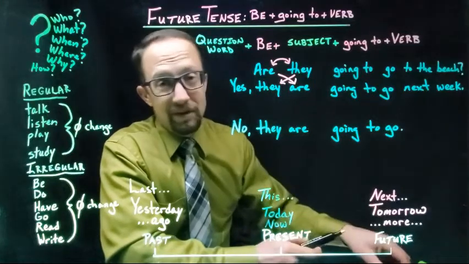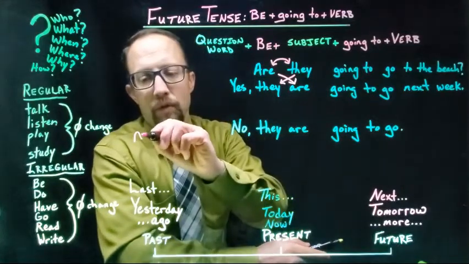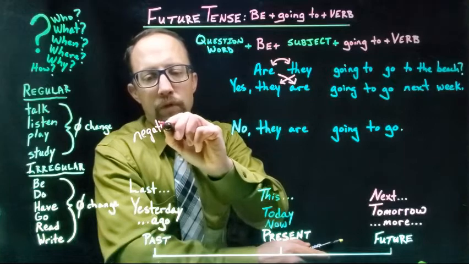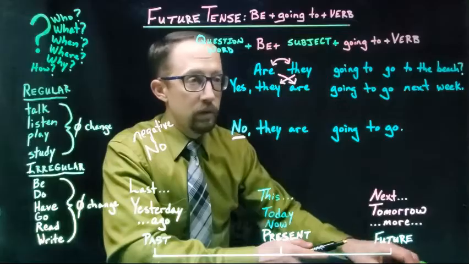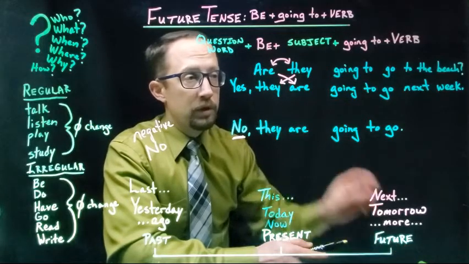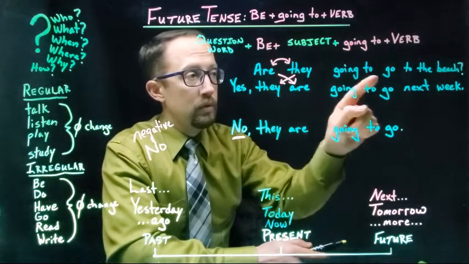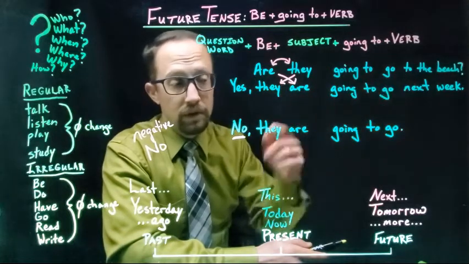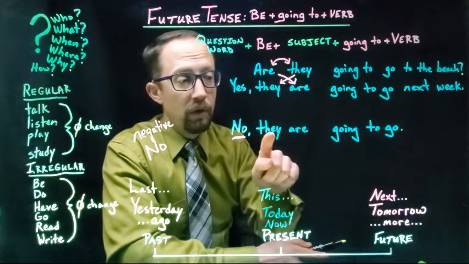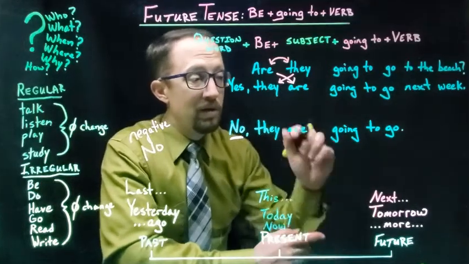Let's talk about negatives, or if you want to say no, okay? So here we have our question, are they going to go to the beach? You can say, no, they are not.